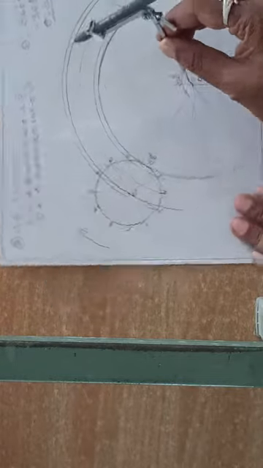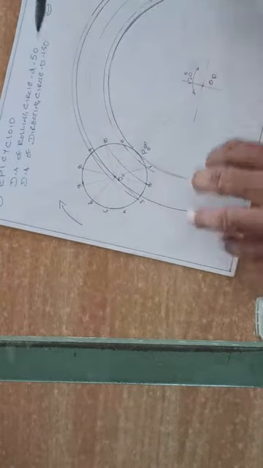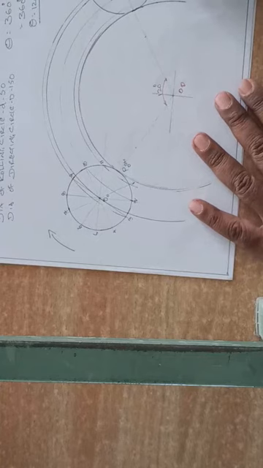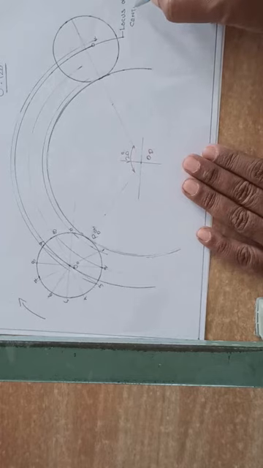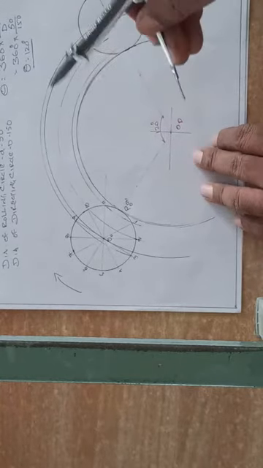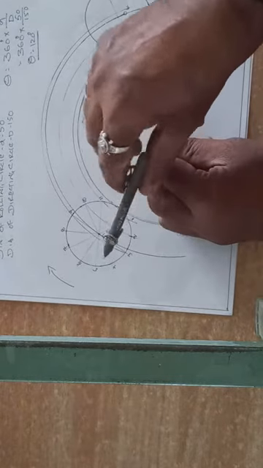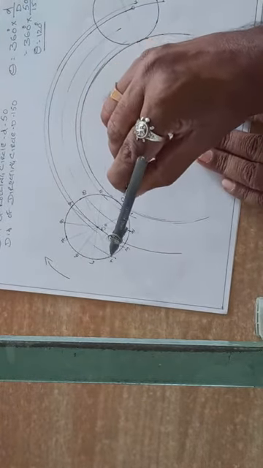We can call it the locus of centers, because all the centers for drawing the arcs will be lying on this one. Then continue with the part of the circle passing through 4 and 8.